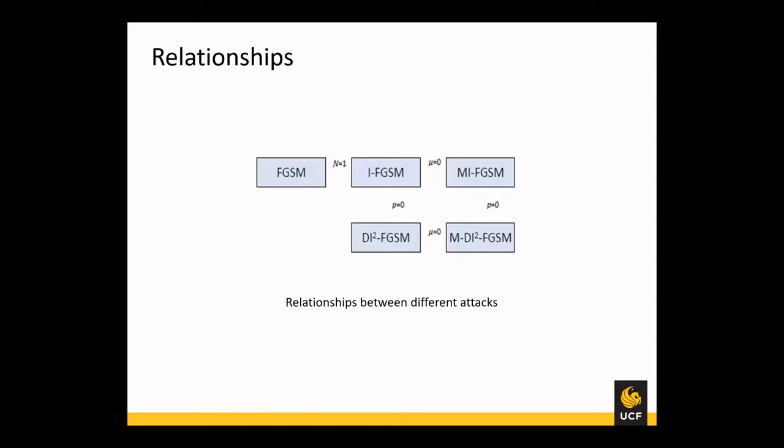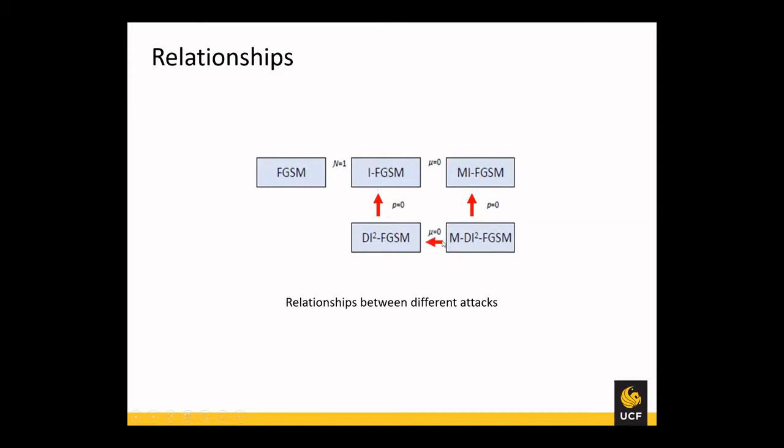Now let's discuss relationships between all these methods. So if we set transformation probability to 0, then M-DI squared FGSM degrades to MI-FGSM. And if we set the transformation probability to 0, then DI squared FGSM degrades to I-FGSM.